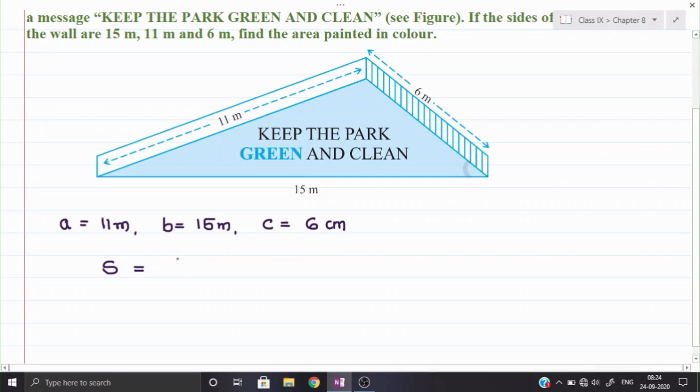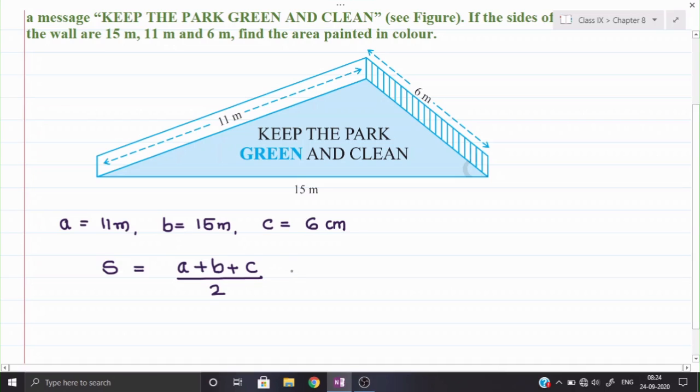In the triangle, the sum of all sides will be a plus b plus c. Remember, here a, b and c are the values of the three sides of the triangle, and we are dividing by 2, as I told you, because we are finding half of the perimeter.